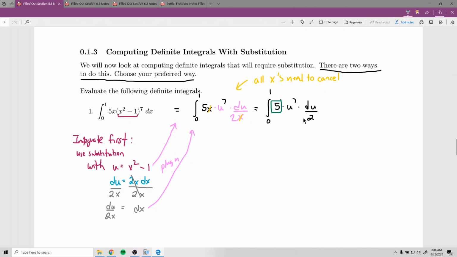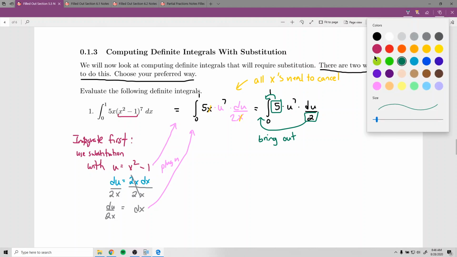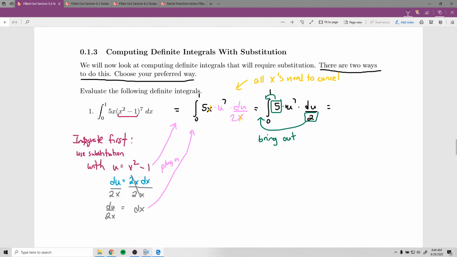We can bring the 5 and the 2 out. And if you're comfortable not needing to actually show this stuff at this point, that's quite all right. The 5 is on top and the 2 is on the bottom, so it's 5 halves u to the 7th du.